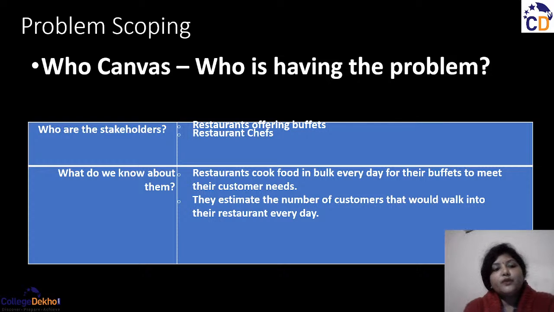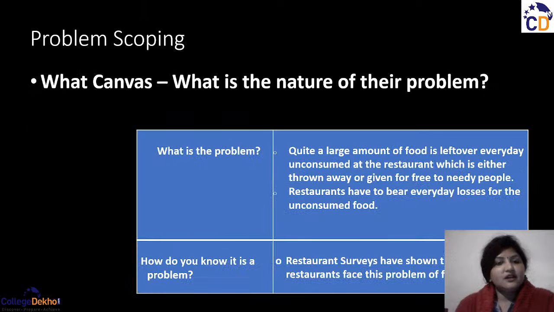What do we know about them? Restaurants cook food in bulk every day for their buffets to meet their customers' needs. They estimate the number of customers that would walk into their restaurant every day, but at the end of the day they are facing the problem.